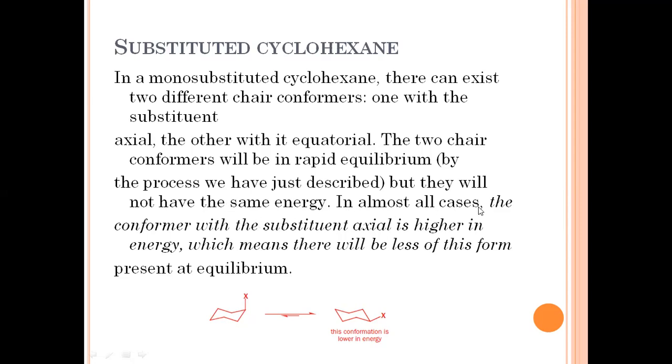In almost all cases, the conformer with the substituent at the axial position is higher in energy, which means that less of this form will be present in the equilibrium. So the axial position substituent is going to have more energy than the equatorial substituent position.